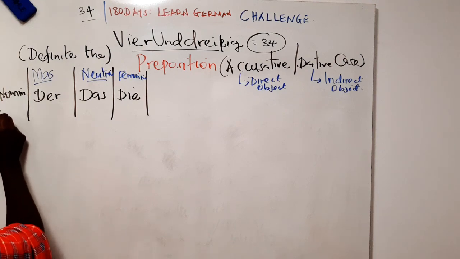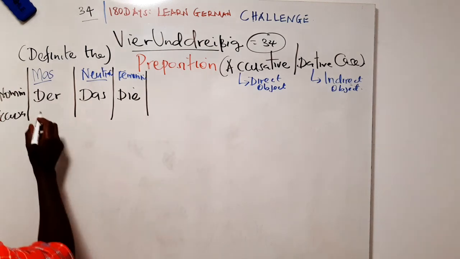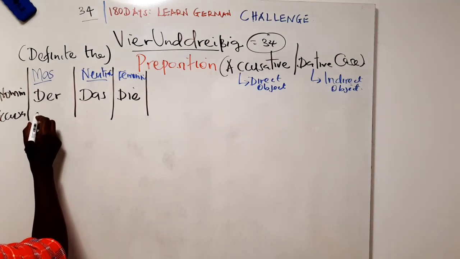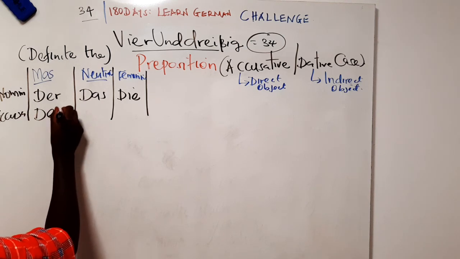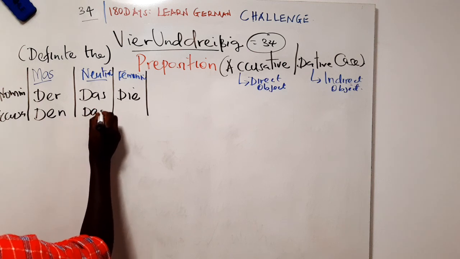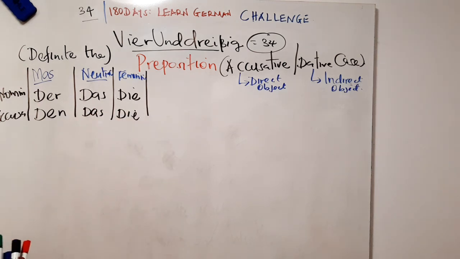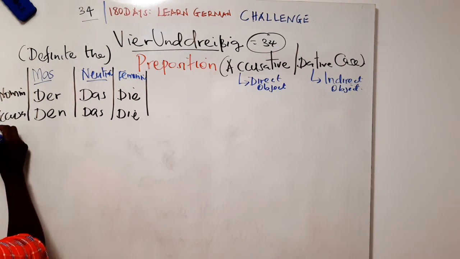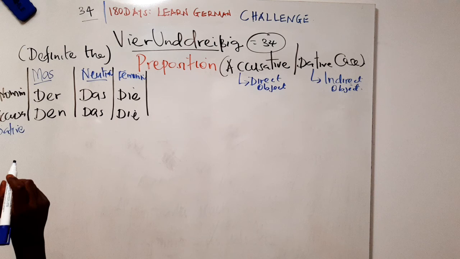In accusative case, which is the direct object, this will be den. This will remain the way it is, das, and this one will remain the way it is, die. If we add dative, dative is the M case.